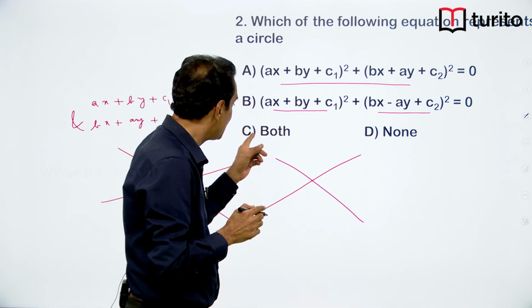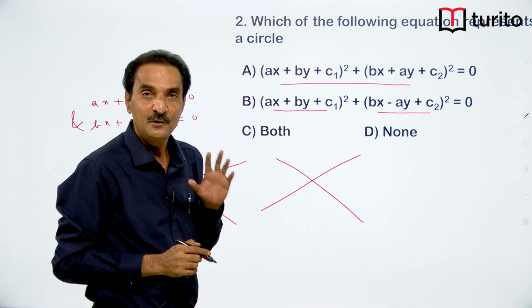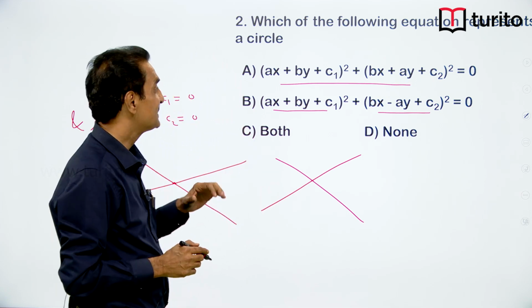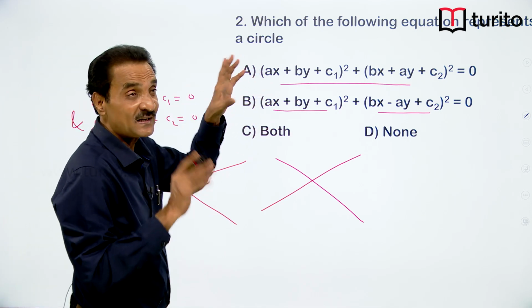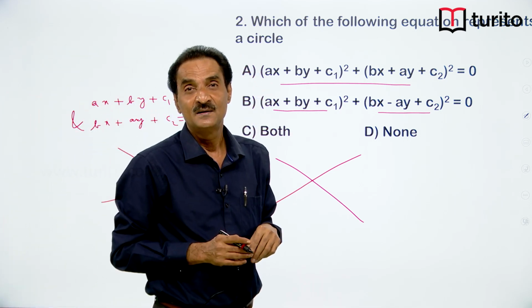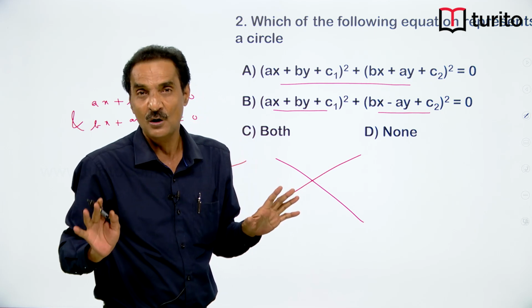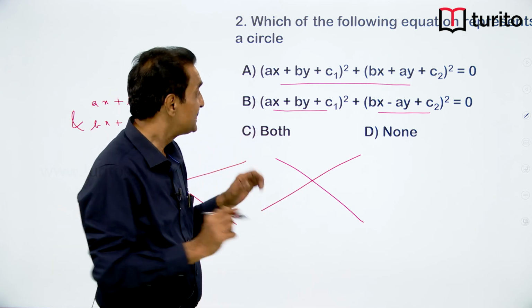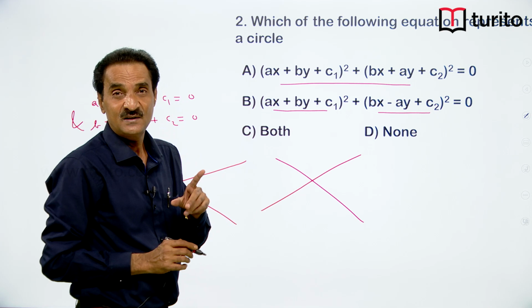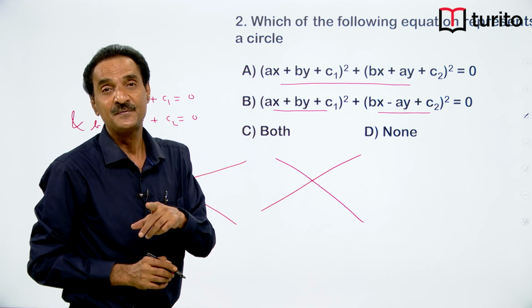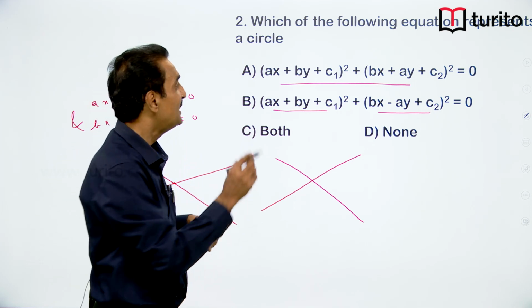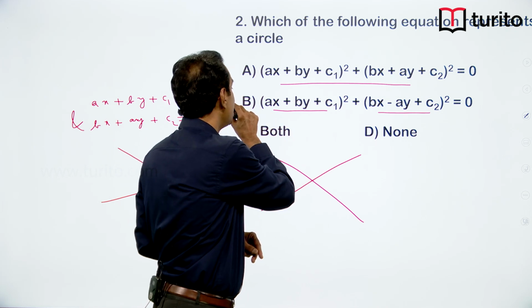Then is the answer both? No, because the equation should satisfy the conditions. Both are representing a point, no doubt, but if you check the conditions that x square coefficient is equal to y square coefficient and xy coefficient is 0, that will be true only in the second case.